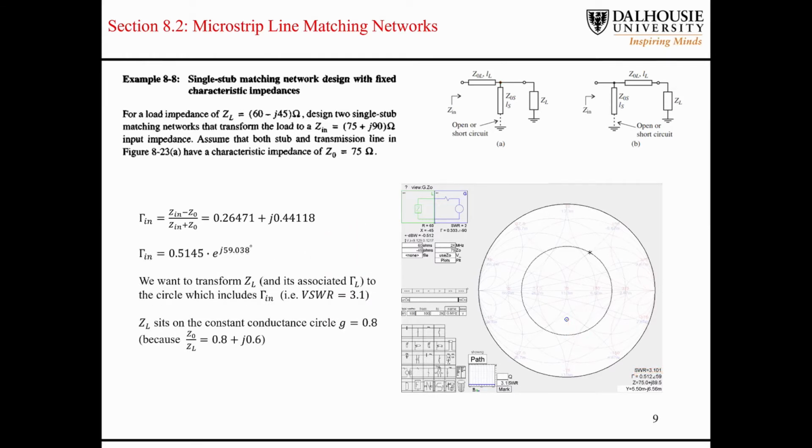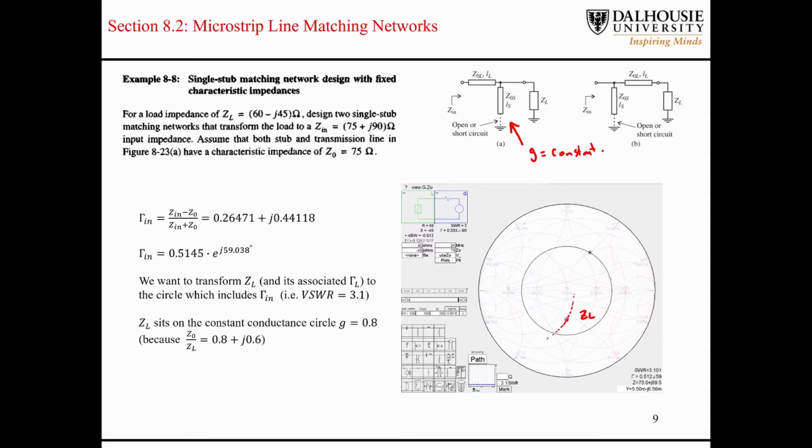Like I said at the beginning of the lecture, when it comes to the design of stubs, we want to be thinking about the constant conductance circles. So the first question that we need to ask is what constant conductance circle does our load impedance sit on?